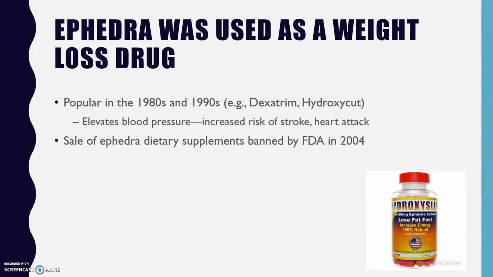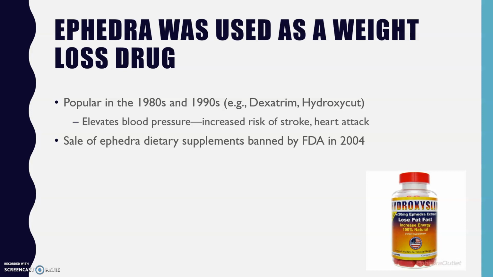One of the other things that we know, in addition to originally being used for respiratory medication, is that ephedrine was also used as a weight loss drug. And this was especially true in the 1980s and the 1990s. When I was growing up as a kid, it really wasn't that uncommon to see advertisements for over the counter drugs like Dexatrim and Hydroxycut. The reason that these were sold over the counter as weight loss drugs is because they were stimulants.